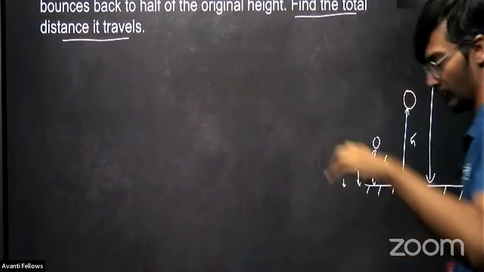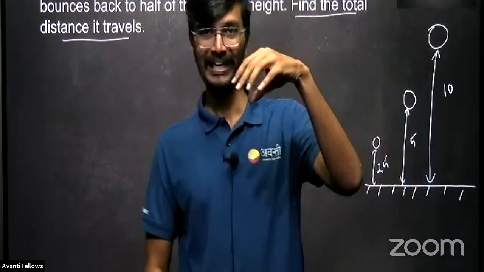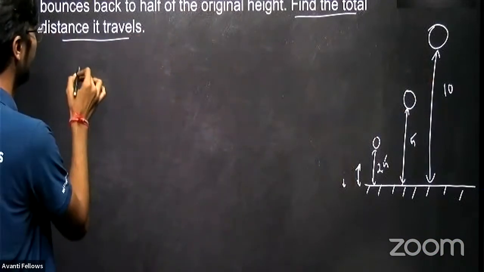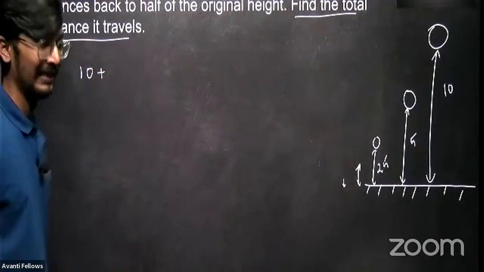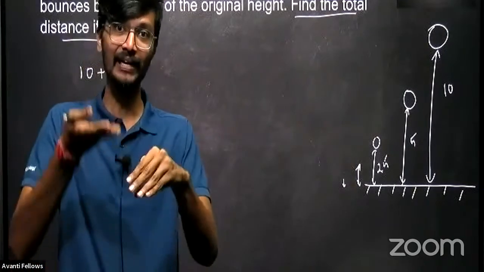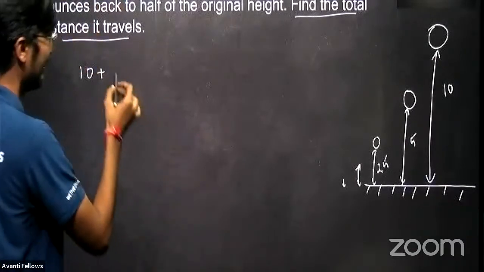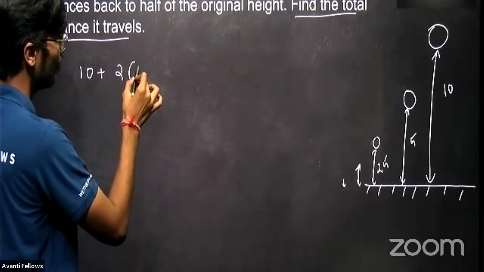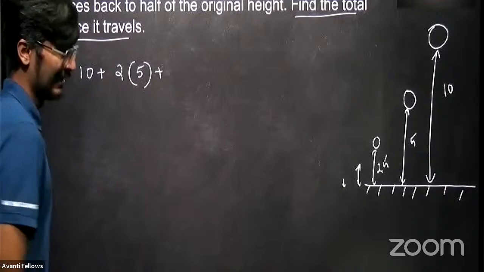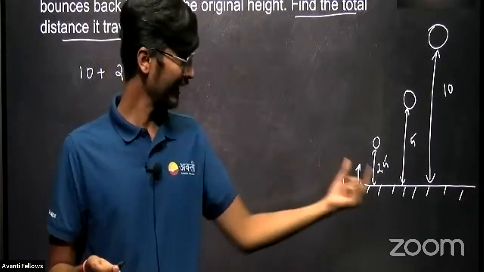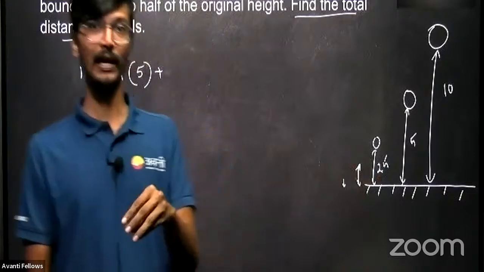As you can see, first when I drop it, it will travel 10 meters. Then after bouncing back, it will bounce to 5 meters, then again drop 5 meters. That means 5 meters is 2 times. Similarly, after 5 meters, it will again bounce to 2.5 and again go down 2.5.